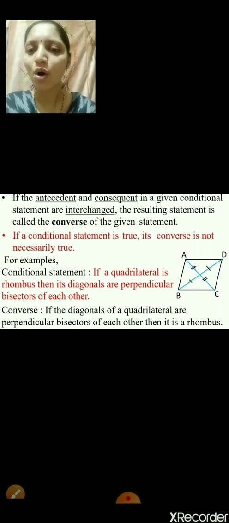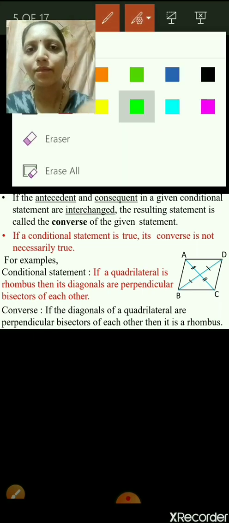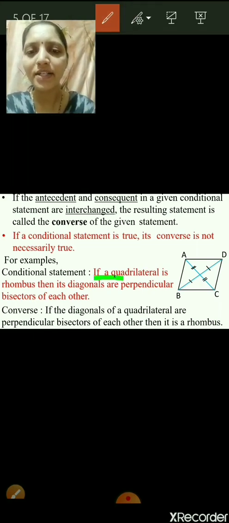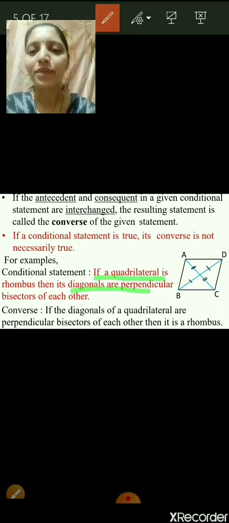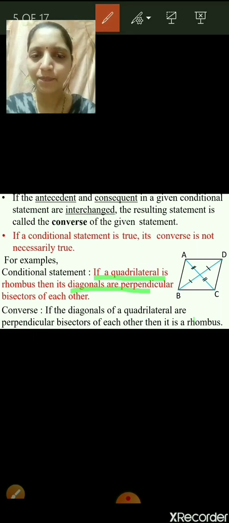Now if you want to write the converse of this statement, how will you write? Whatever part is there following if, that you will write after then, and whatever part is there following then, you will write after if. So let's try. If the diagonals of a quadrilateral are perpendicular bisector of each other, then it is a rhombus. Are you understanding it?